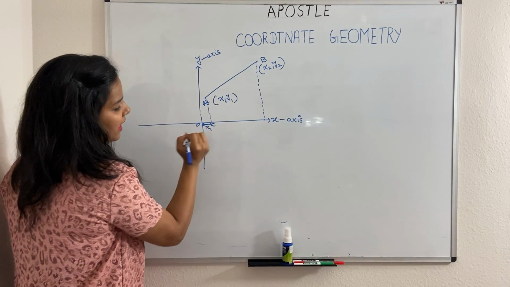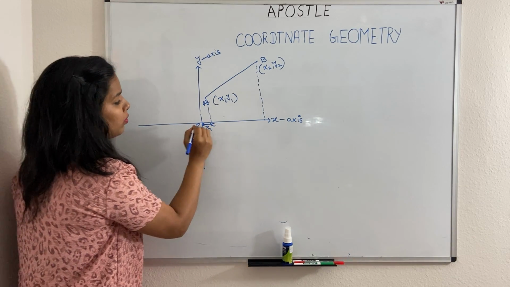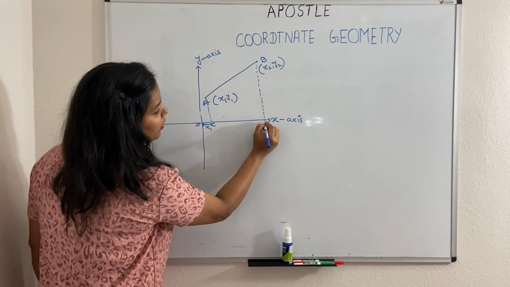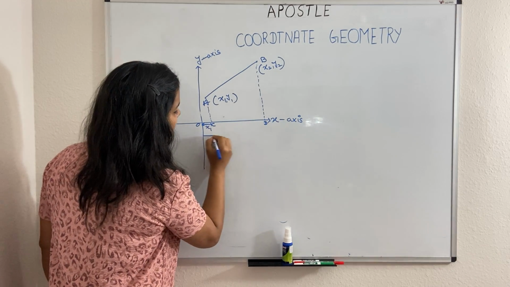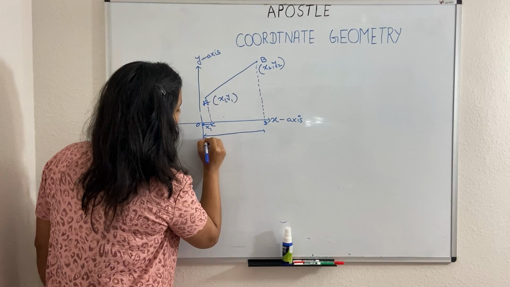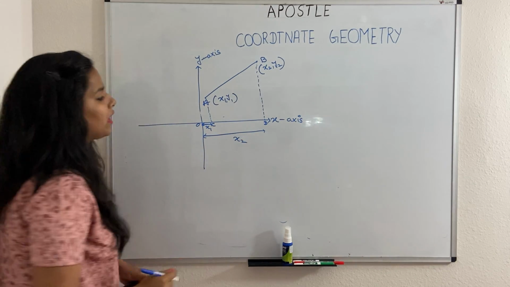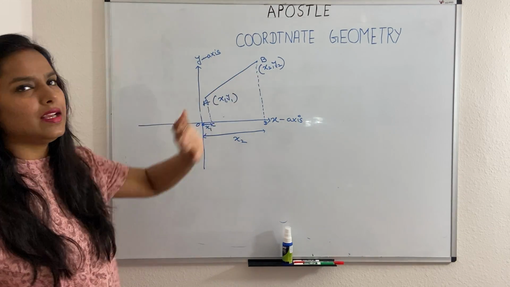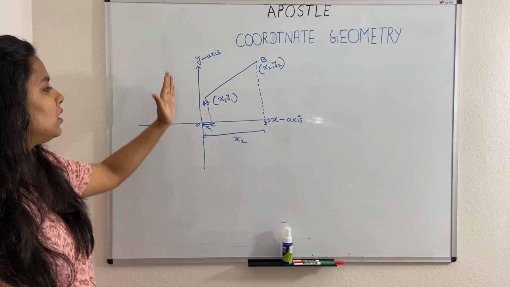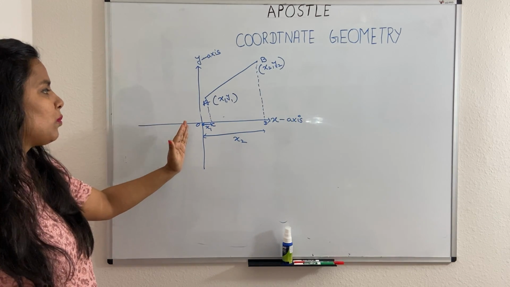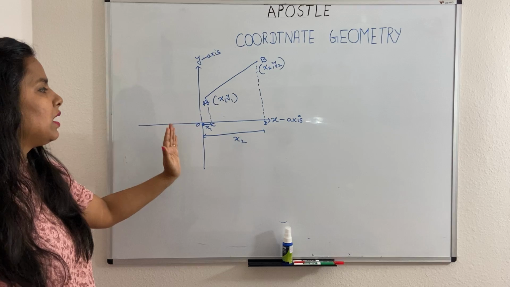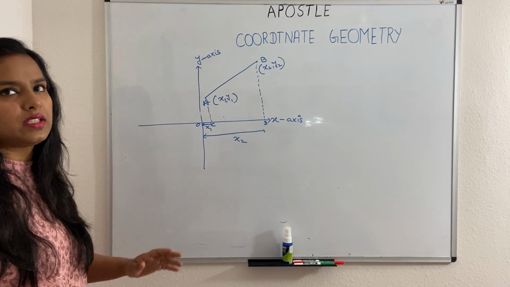This distance is x1. And the distance from O to the point D is x2. That's why we take the coordinates here as x1 and here as x2. When we see from the x-axis, the point C is at x1 distance and point D is at x2 distance.